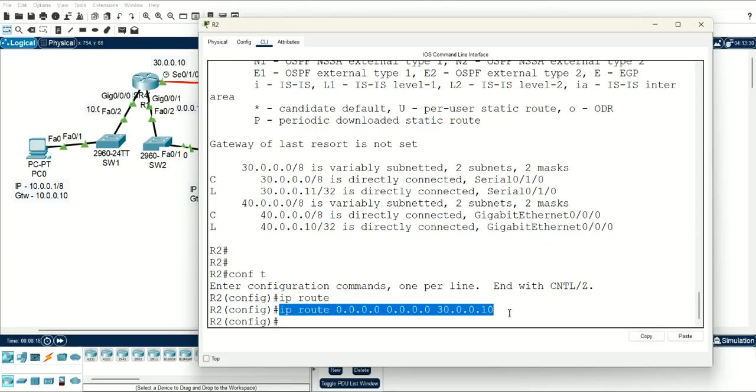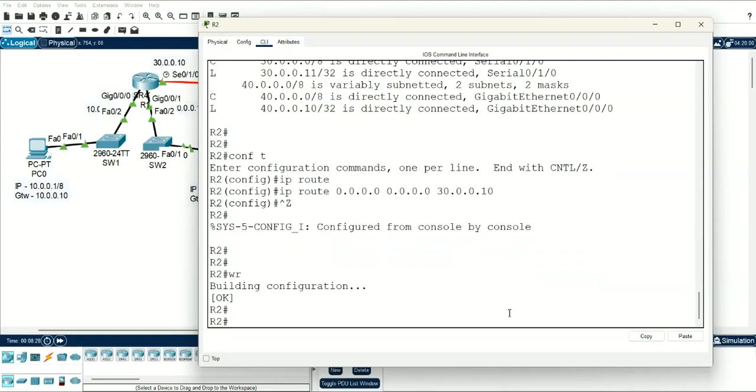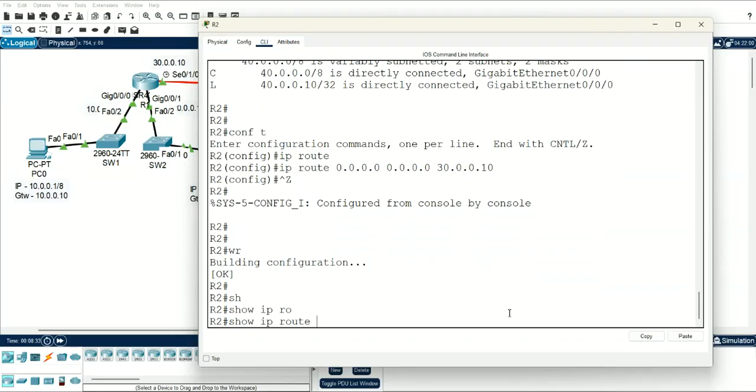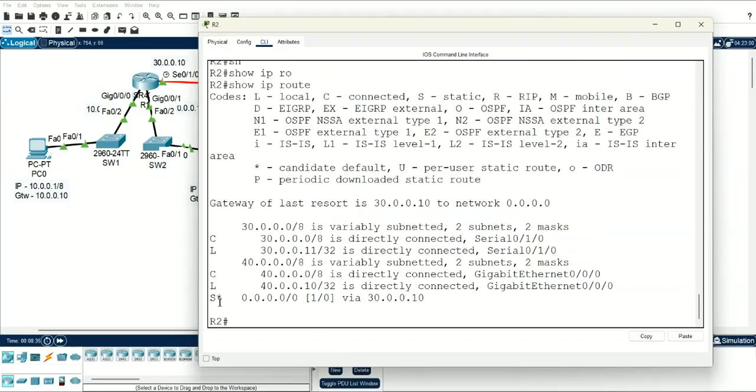That is a default route. Now, where do we write a default route? Only on the stub router. Only on the stub routers you can write a default route. Okay. Now, let us verify the routing table. You see, show ip route. Star means what, you know? Default. It's not a normal static route.